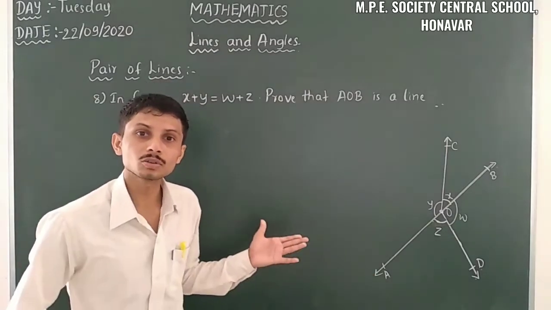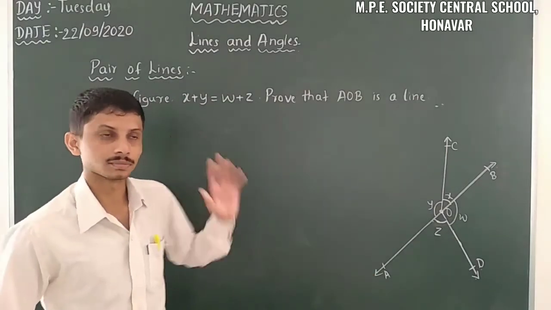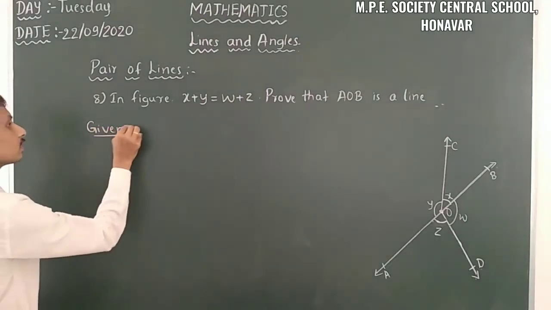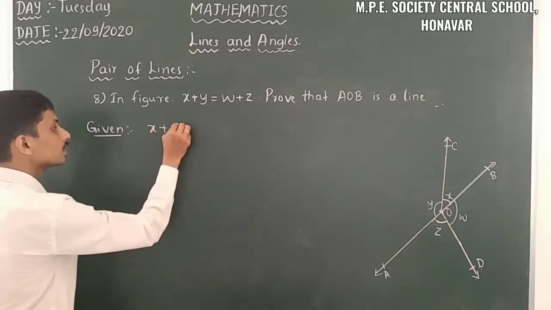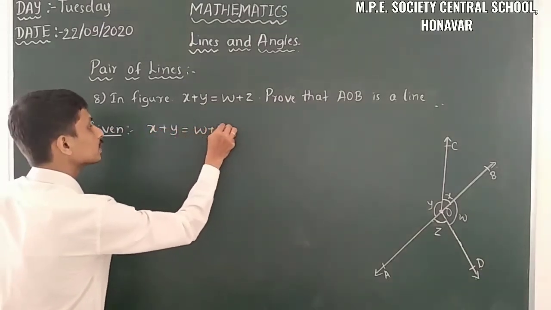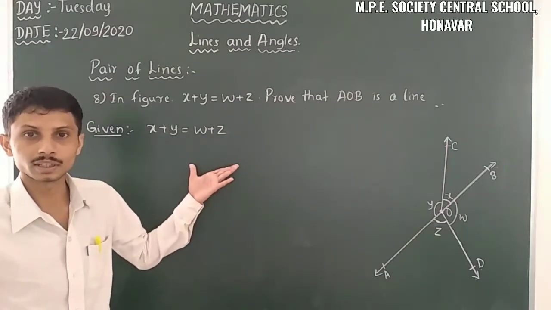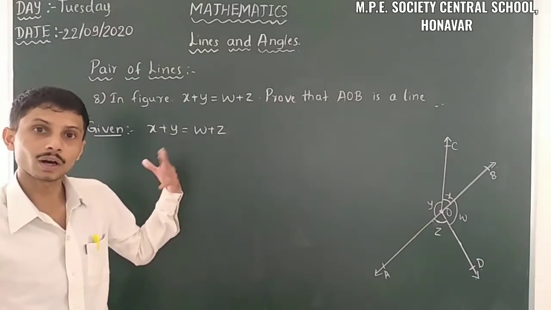Firstly we have to write all the given terms. What are the given values here? Here x plus y is equal to w plus z is the given term, so we have to use that one. Then what do we have to prove?